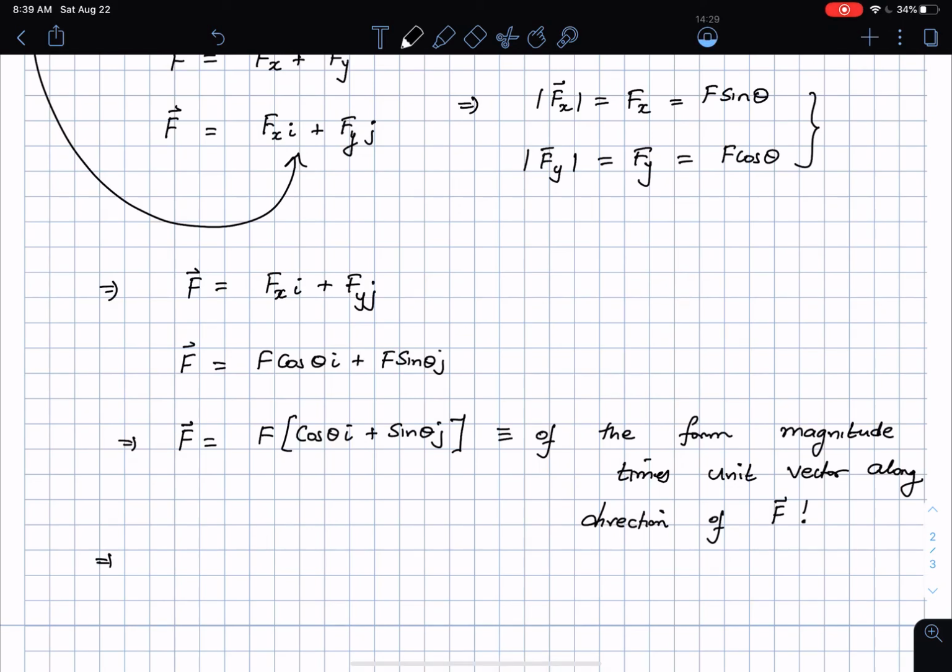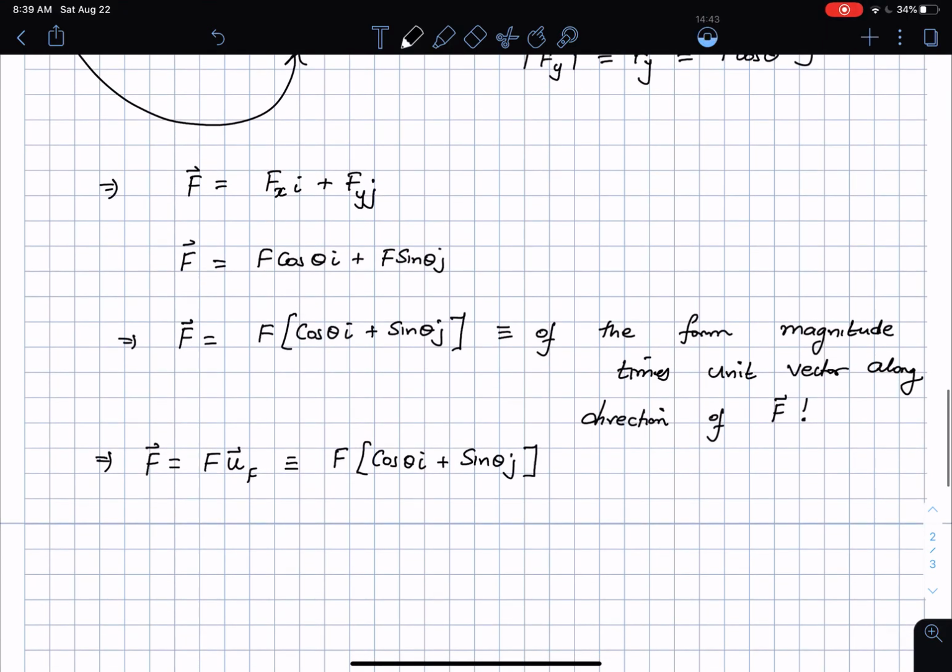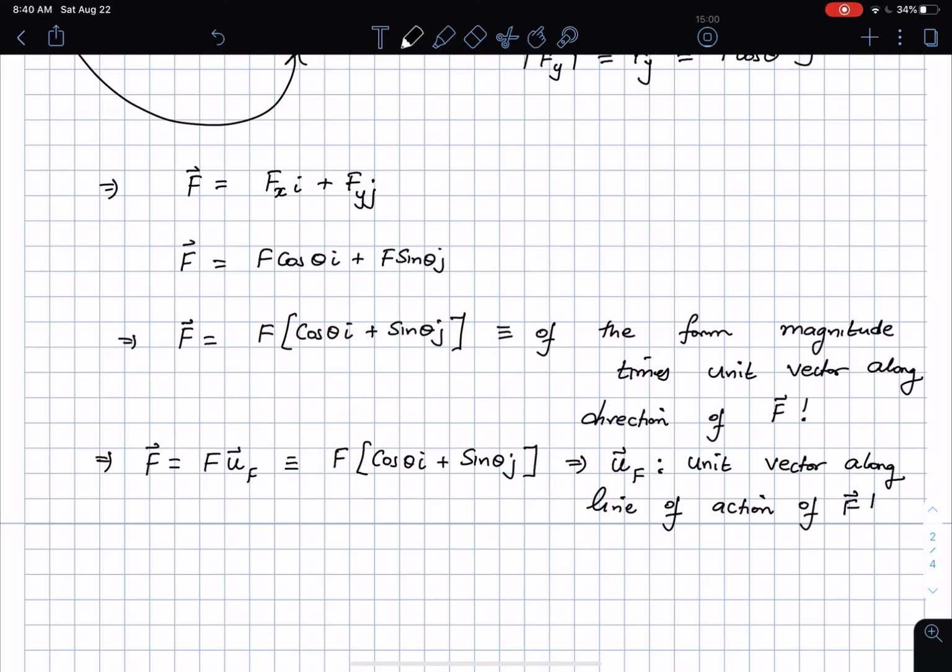Which means I can essentially say that vector f is f times some u suffix f, which is f times cos theta i plus sine theta j, where uf is the unit vector along the line of action of the vector f. Right, this is quite nice, isn't it?